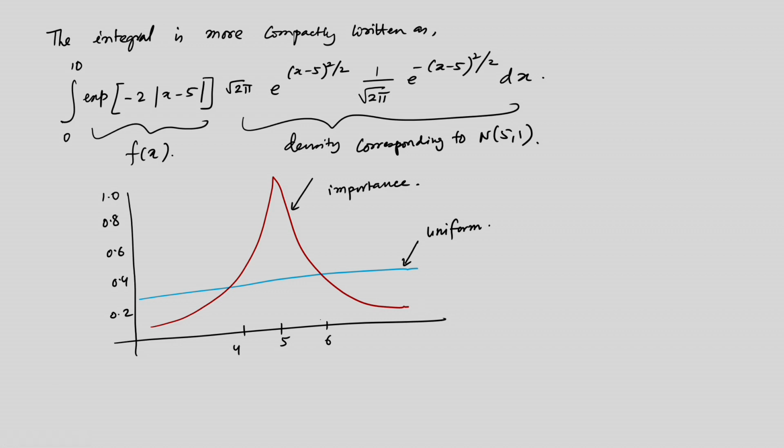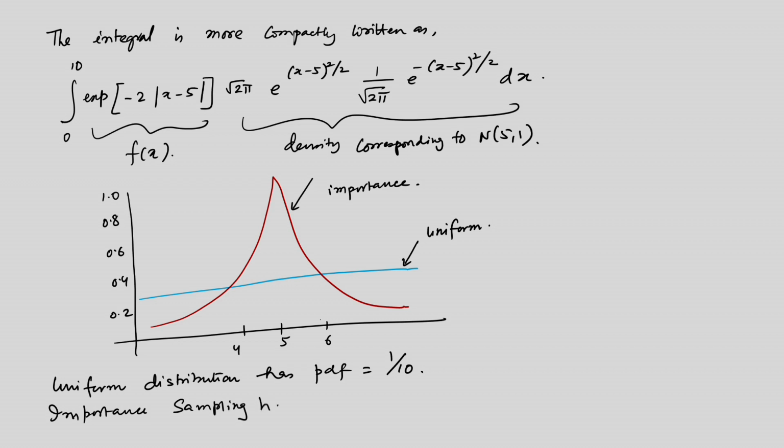So, the uniform distribution has PDF equal to 1 over 10, and the importance sampling has a PDF equal to exponential minus 2 mod x minus 5 into root 2 pi exponential (x minus 5) whole square over 2.